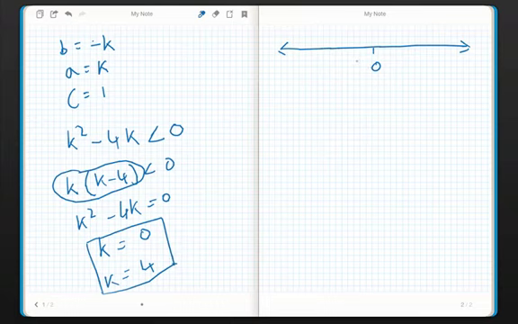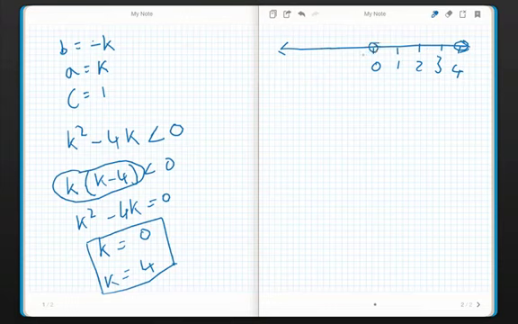Now let's plot those 2 points. So 1, 2, 3, 4. Plot this and plot this. Now, as you can see, we have 3 ranges on this number line. One range is k being less than 0. Another range is k being greater than 0 but less than 4.